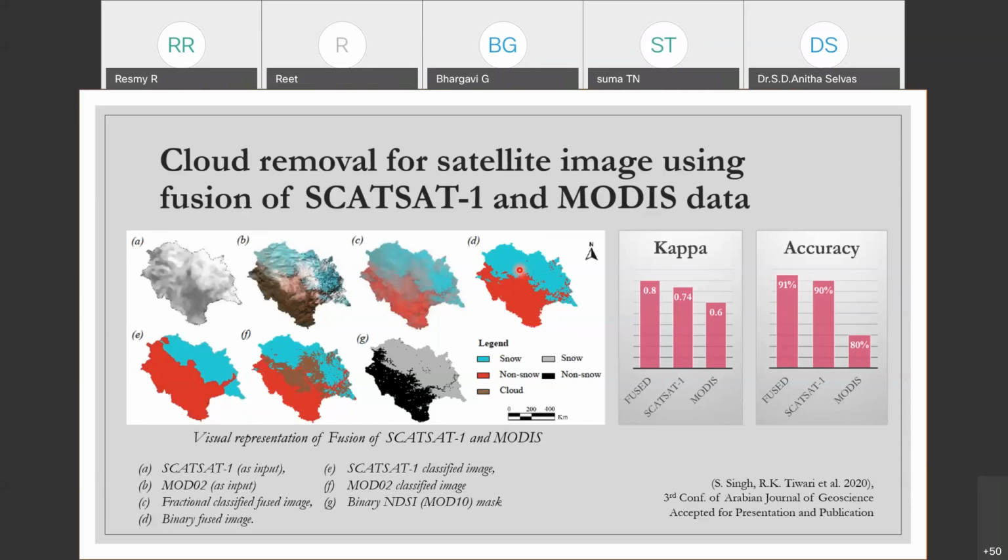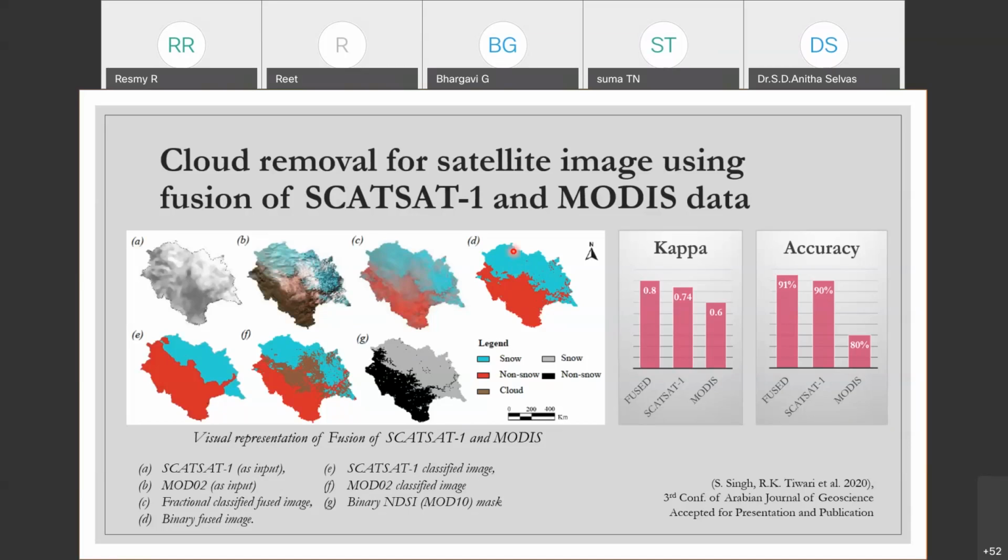And I think it is not included here, but the same data was also used to find out the vegetation part also. So my point is that if we fuse the SCATSAT and MODIS data, we get a better resolution data, and the cloud is also removed.